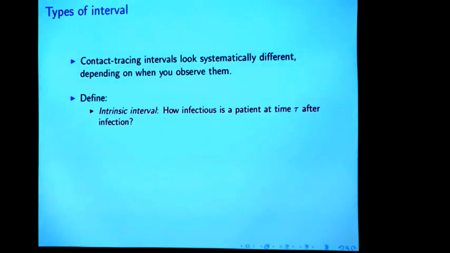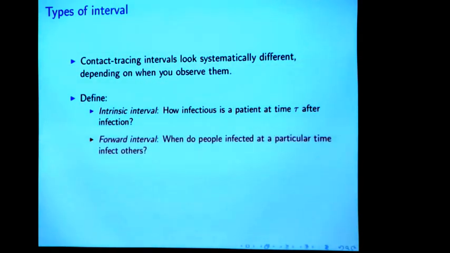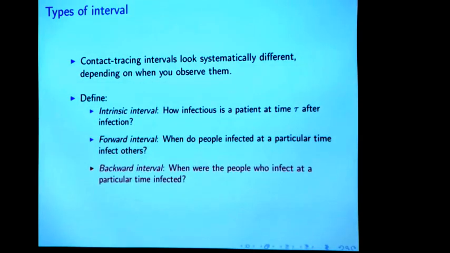That's how infectious I am. But we could also ask the forward interval. Everybody I infected at this conference, I'm going to treat as a cohort, and I'm going to ask, when are you going to infect the second generation? Or we could look at a backward interval. Who's sick now? Who probably infected them?